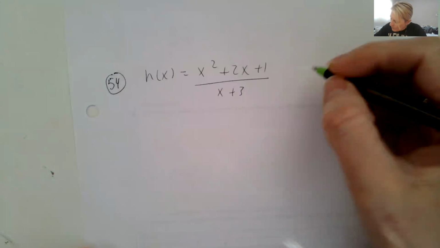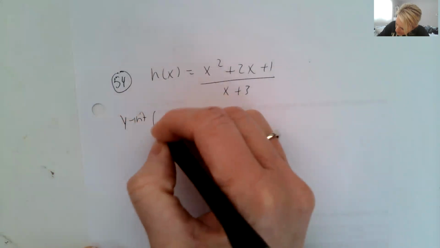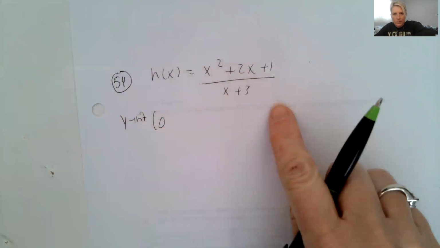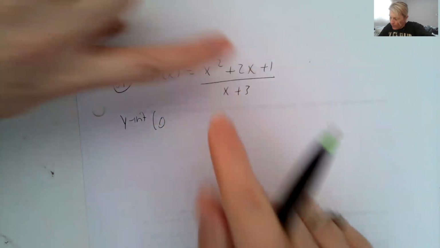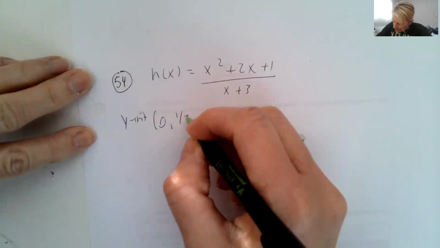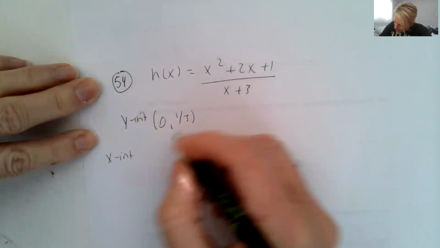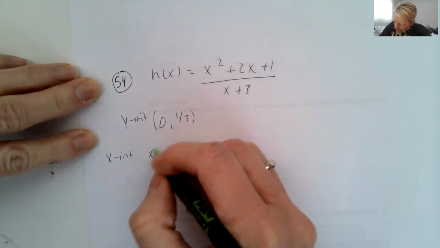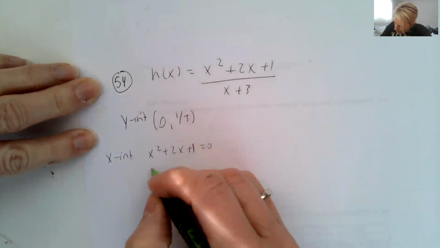Because we're going to have our y-intercept when x is 0, which means those two terms go 0, this goes 0, so it's at 1/3. And then our x-intercepts are going to be, we're going to set x squared plus 2x plus 1 equal to 0.